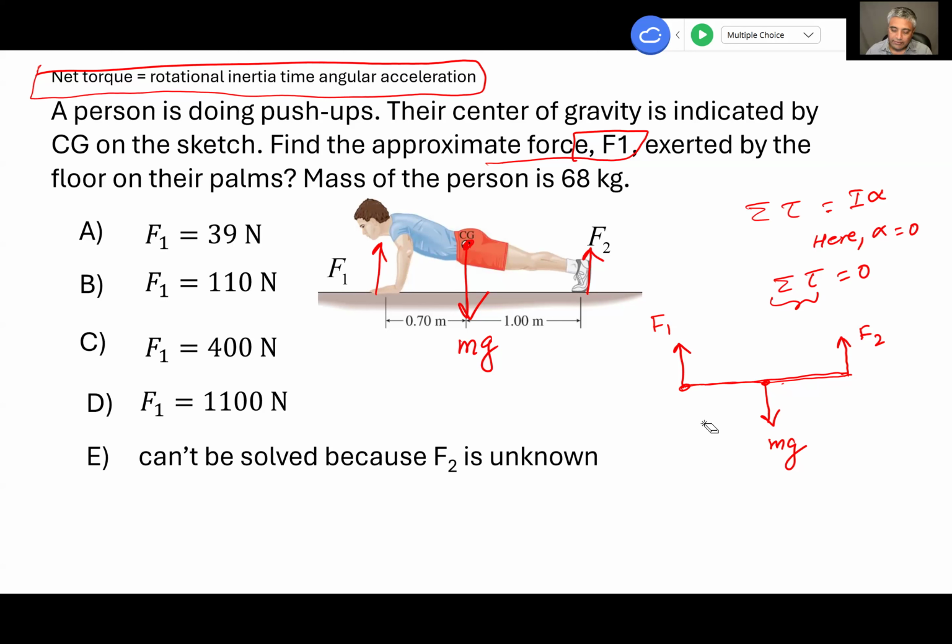Where F1 is acting. mg, see, the mass is known. So if we choose the axis over there, we are going to be eliminating the quantity or the force that we know. Not a good choice.